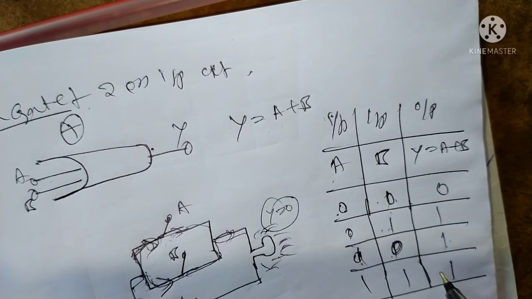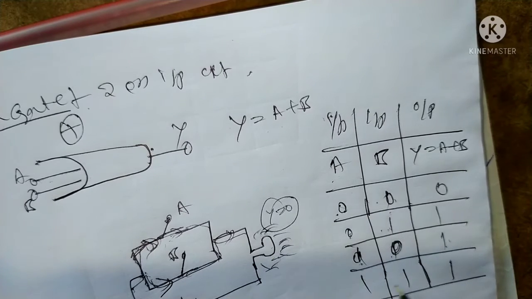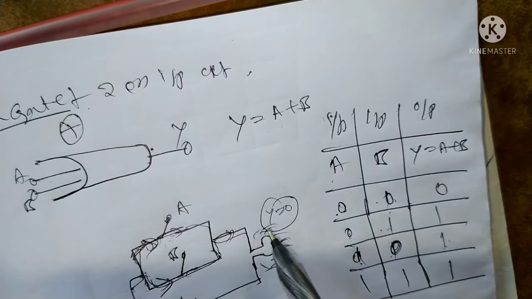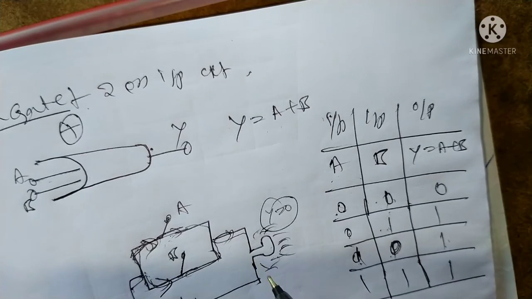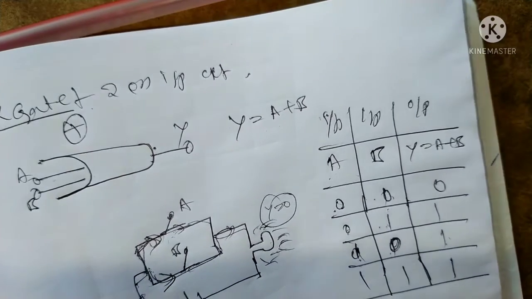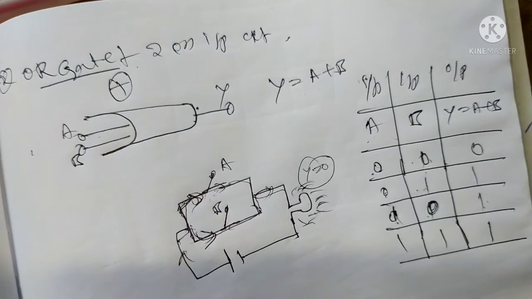That is the OR gate. There are also OR gate circuits in the form of electronic circuits like this.